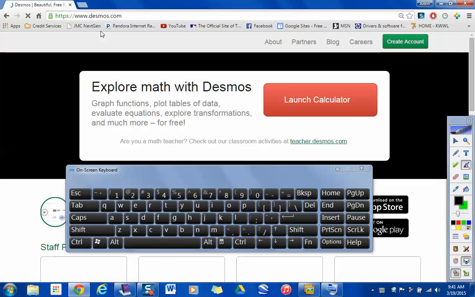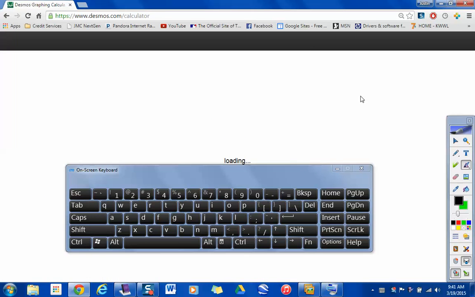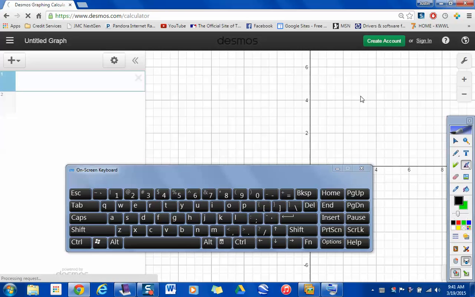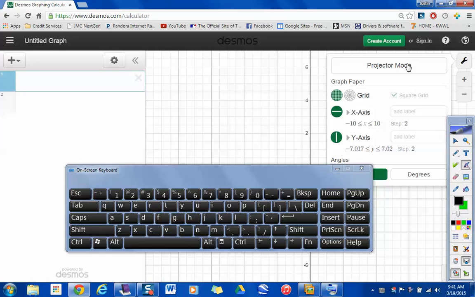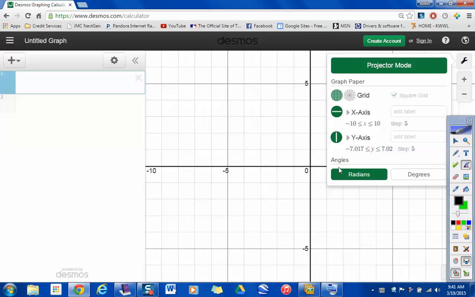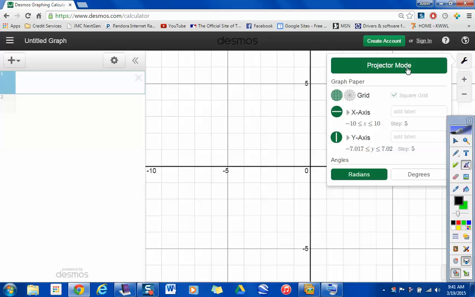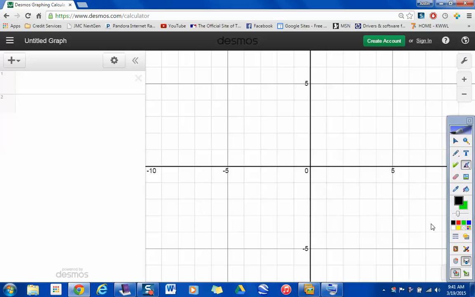You guys tell me, are you here right now? Okay, I'm going to put mine in projector mode. My graph might look a tad bit different than yours, but not too bad. Okay, here's what I'm going to do. I think I can get away with this now. I'm going to zoom out a little bit. No, I want projector mode. Can you see that better? Is that okay? Yep. All right, good. Here's what I'd like to do. I'm going to zoom out a little bit so I can get all these points in here.